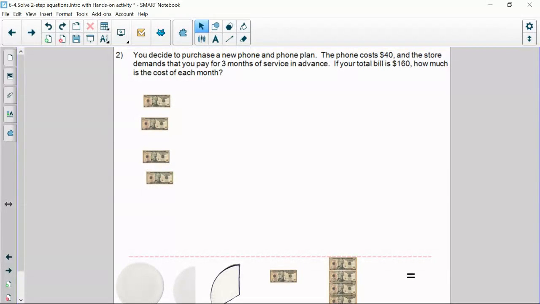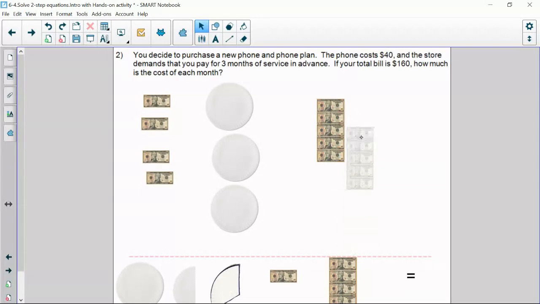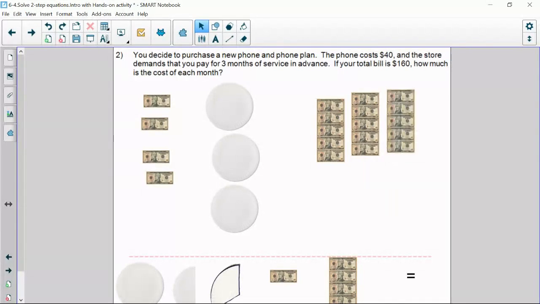And then the store demands you to do 3 months of service. So that's our service there. How much are we paying in total? 160. That's a lot, isn't it? There is 50, 100, 150, 160.